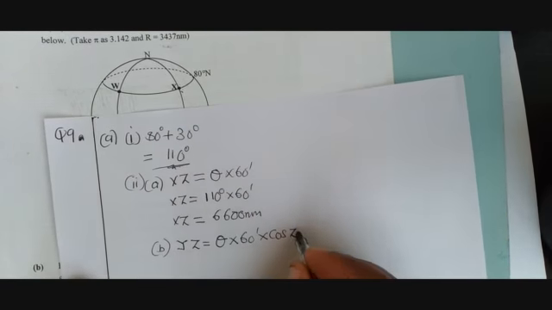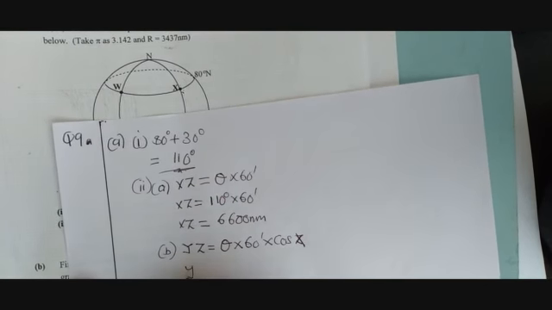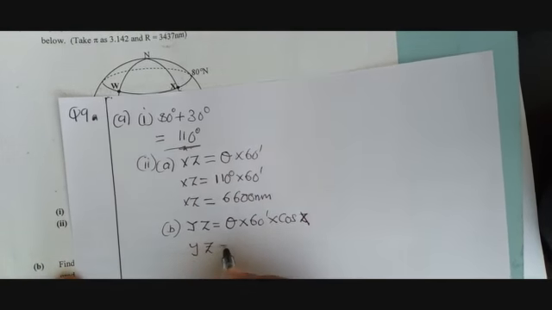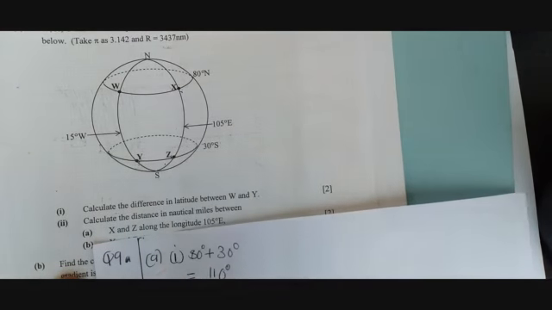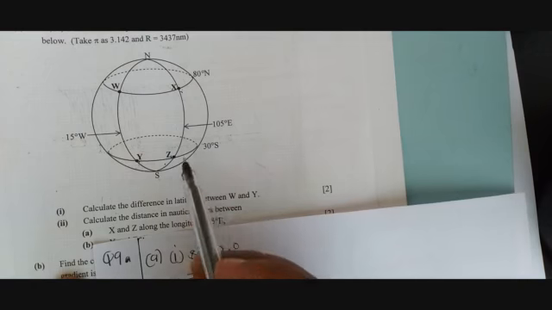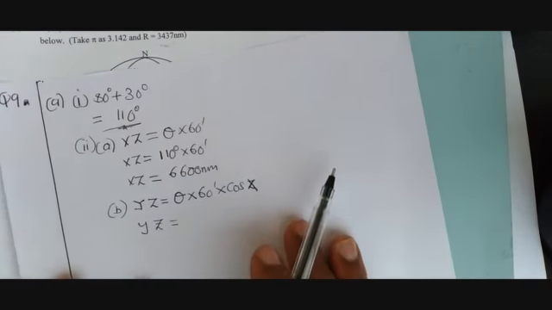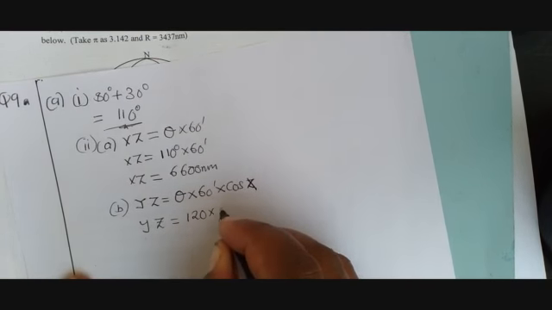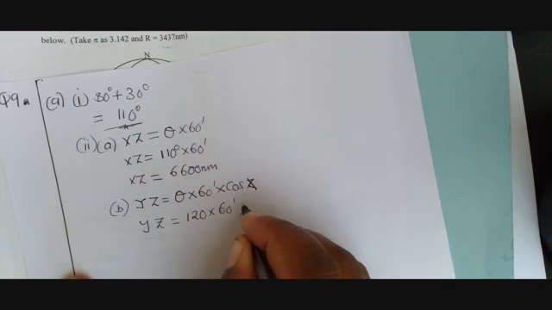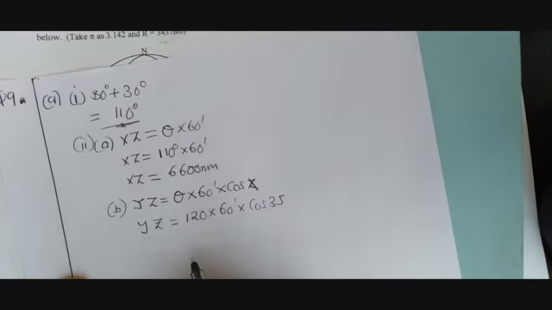Take note, this is supposed to be cos x. Now if I'm talking about YZ, the theta is the difference in longitudes. Here it is 105 and there it is 115, so you have 120. So you have 120 times 60 minutes times cos of the latitude, which is 35.